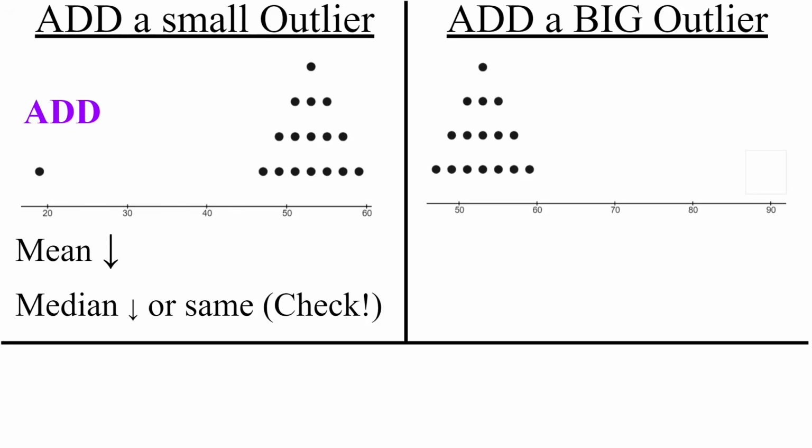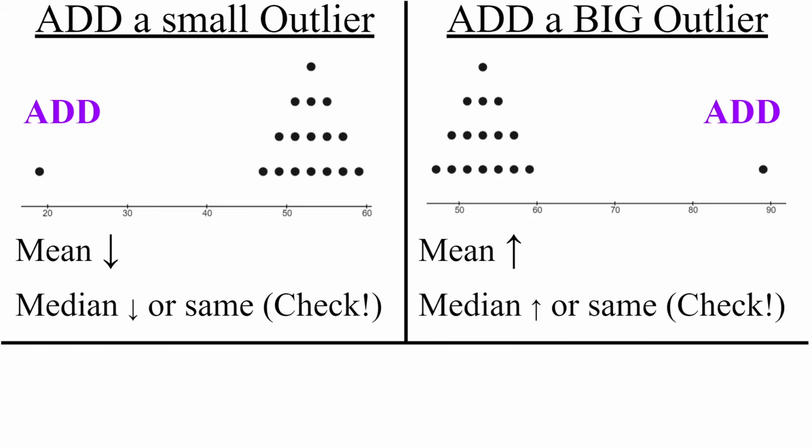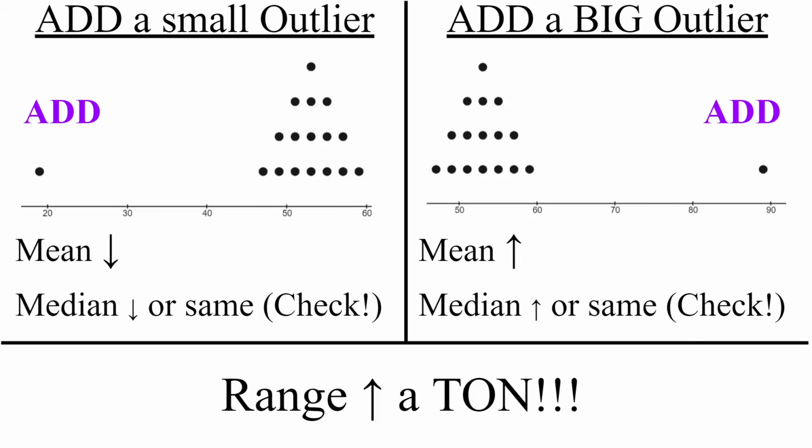All right, for adding a big outlier, so let's say we have this data set and then we chuck in this number. The mean will go up considerably because that outlier pulls the mean towards it. And the median will either just barely go up or it will stay the same. You have to check. If these are lone outliers and they are the new max or the new min, the range will go up a ton.